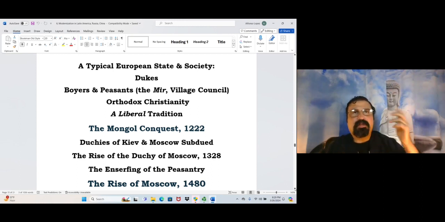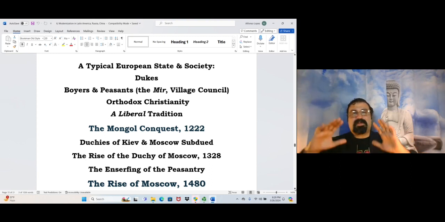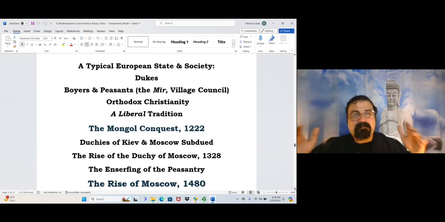Now, initially, this Grand Duchy of Kiev resembled the typical European state and society that was present at this time to the west of Kiev. For example, when we look at France, very similar. Okay, not a lot of distinction, in that what we see at the very top is a monarch.